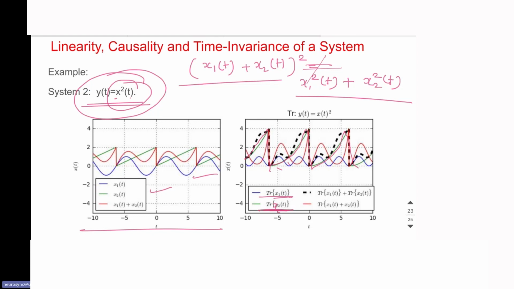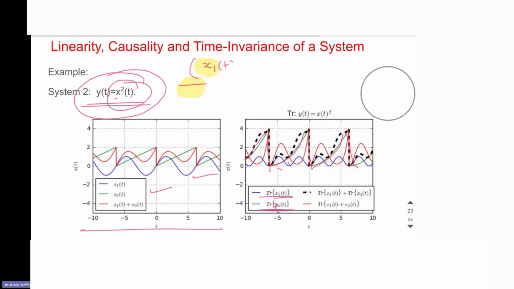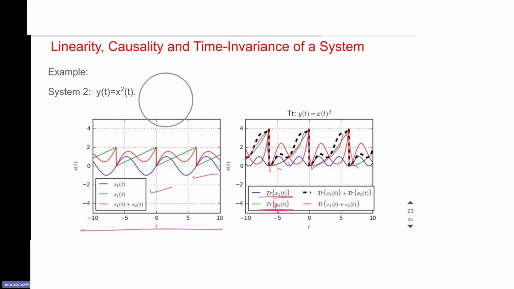In mathematical form also, we can say that this is not equal. So what I have done here, basically, first I have applied the transformation on the addition of both x1 and x2t. And here on the right hand side, I have applied the separate transformation on x1 and x2. And this is not equal. Therefore, this system is not a linear system. Okay.